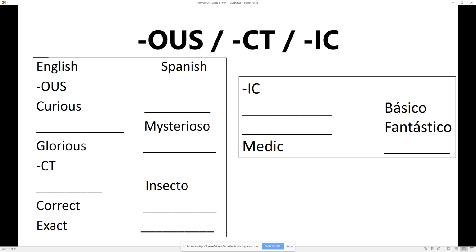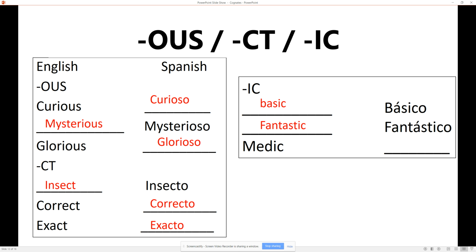OUS, CT, and IC and ICT. So here we have curious becomes curioso, mysterious, misterioso, glorious, glorioso. CT for insect becomes insecto, correct, correcto, exact, exacto. And IC, basic, básico, fantastic, fantástico, and medic, médico.